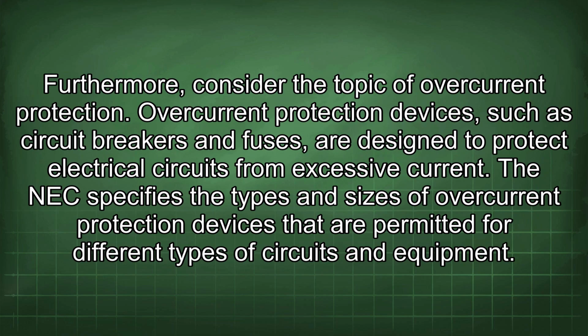Furthermore, consider the topic of overcurrent protection. Overcurrent protection devices, such as circuit breakers and fuses, are designed to protect electrical circuits from excessive current. The NEC specifies the types and sizes of overcurrent protection devices that are permitted for different types of circuits and equipment.